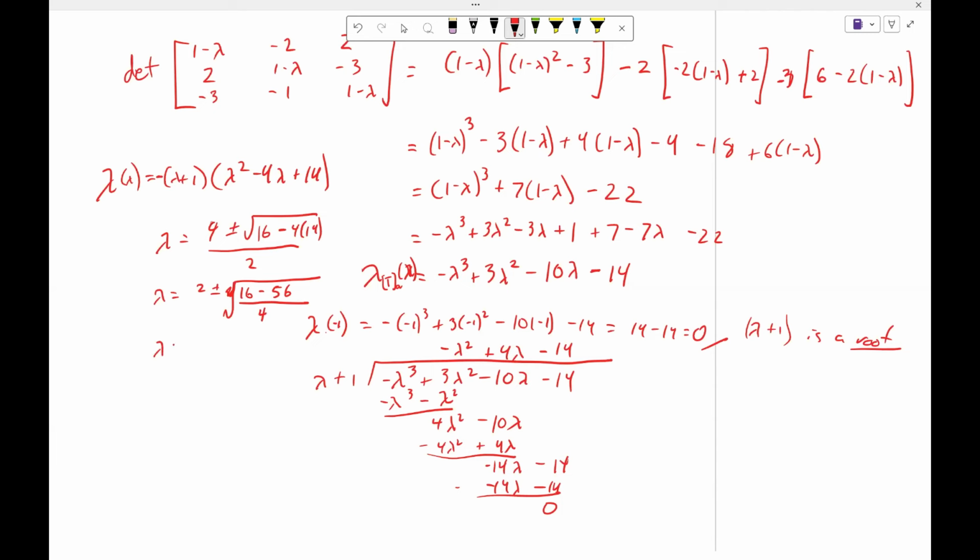So lambda equals 2 plus or minus the square root of minus 40 over 4. So lambda equals 2 plus or minus the square root of 10 i. So we've got our 3 roots: lambda equals minus 1, 2 plus root 10 i, and 2 minus root 10 i. First thing to note is because we have 3 distinct eigenvalues, it is diagonalizable.